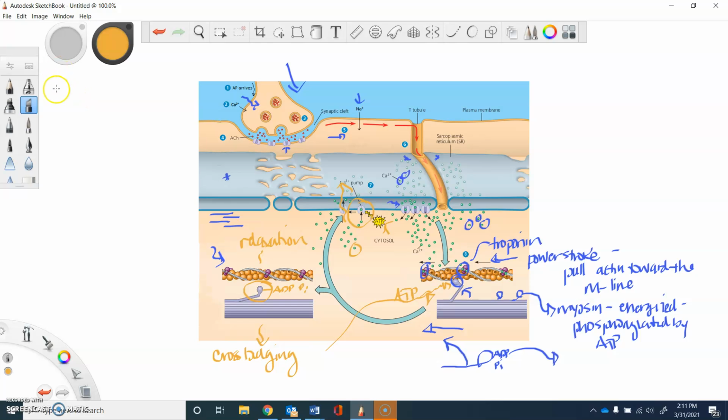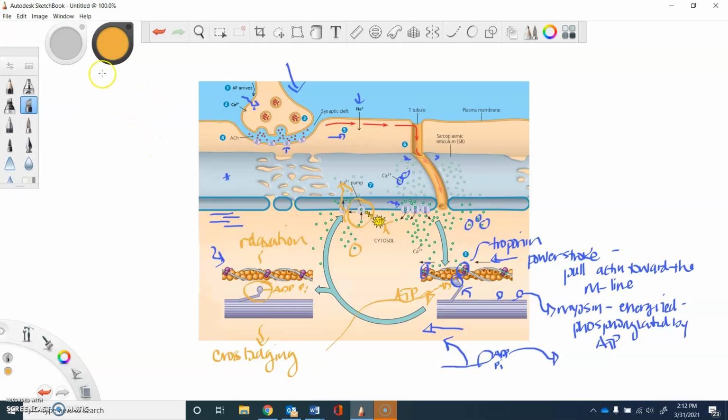Anyway, so remember that the action potential is coming down the neuron. It's going over to the motor end plate, goes into the T-tubules, opens the doors on the T-tubules, and lets out the calcium. Once the calcium binds to troponin, we now have a mechanical thing going on. The action potential is over.